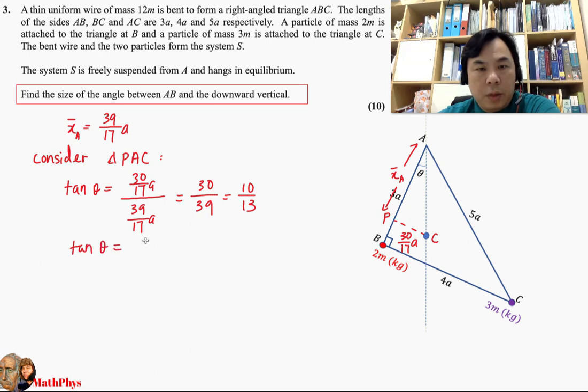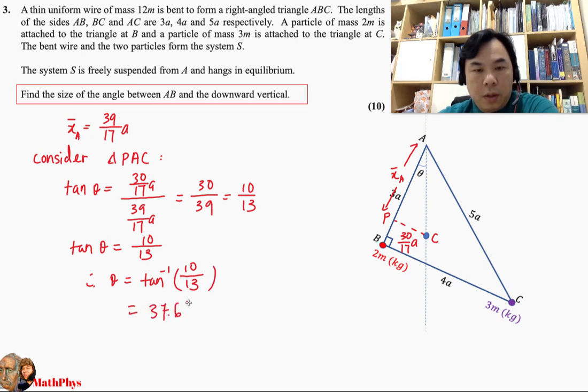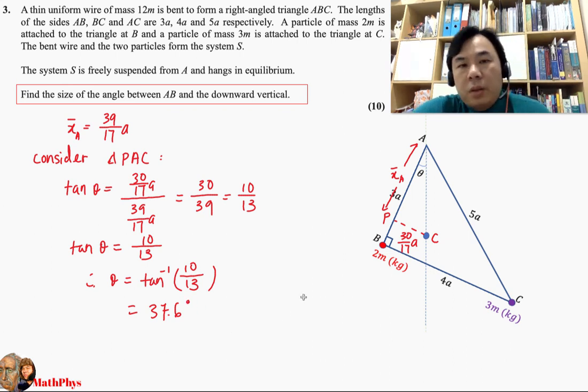I'm going to rewrite that one more time. Therefore, we can conclude that the angle between the line AB and the downward vertical is given by the inverse tangent of 10 over 13, which yields 37.6 degrees. Exactly the same as the angle that we obtained from the previous configuration. So in the exam, no matter how you are going to draw your structure, eventually we will end up with the same center of mass and the same measurement for the angle.